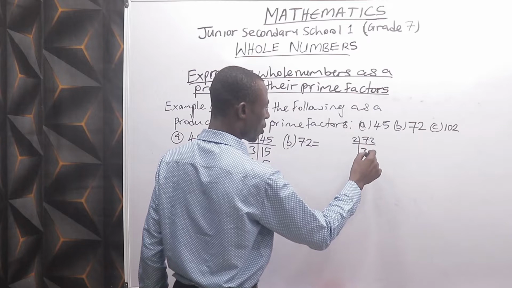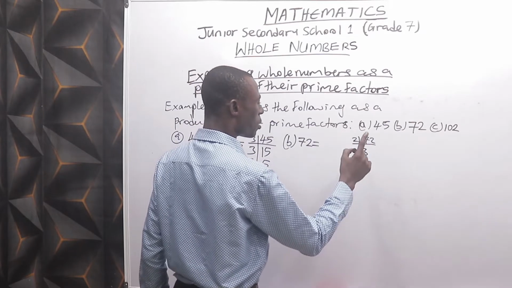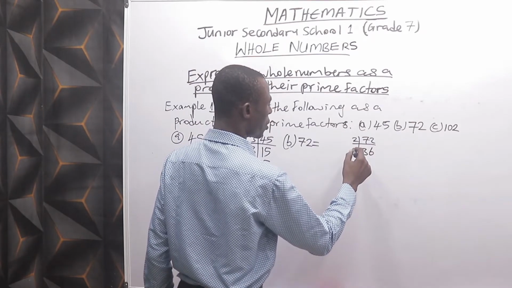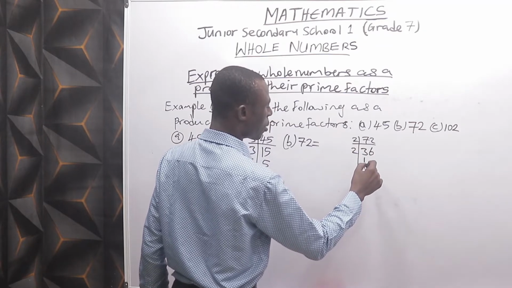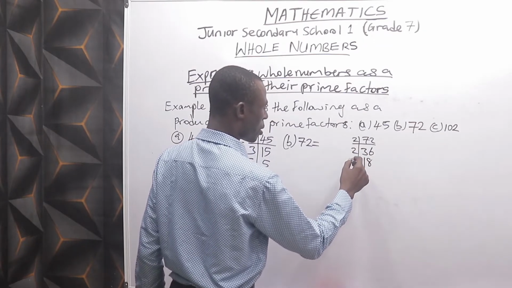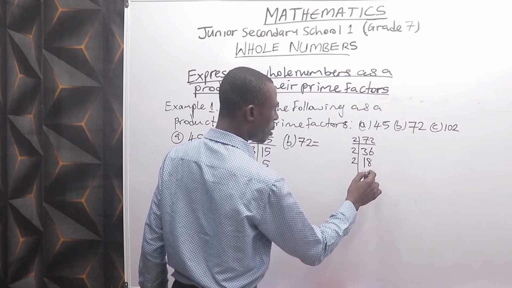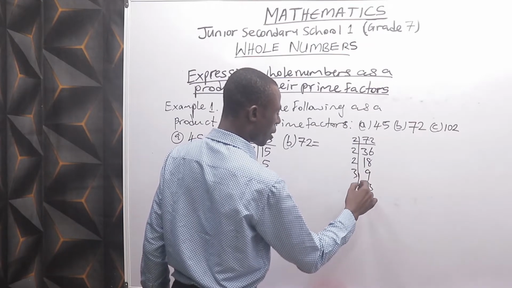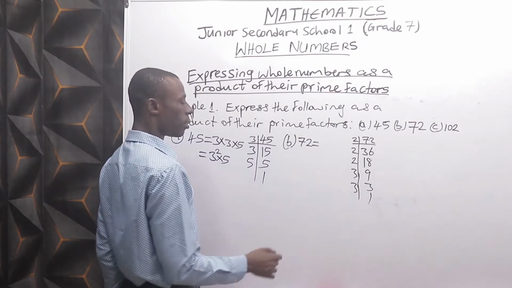2 in 7 is 3. Remains 1. In 12 is 6. 2 in 3, 1. In 16, 8. 2 again, 9, 3, 3, 3, 1.